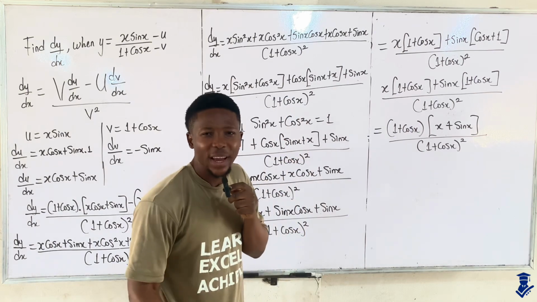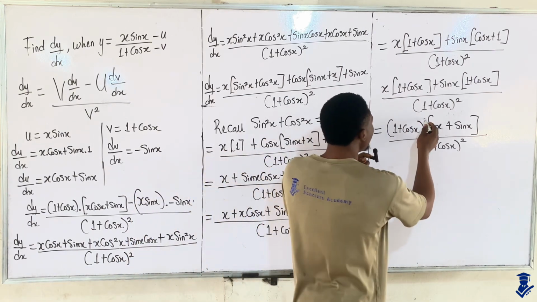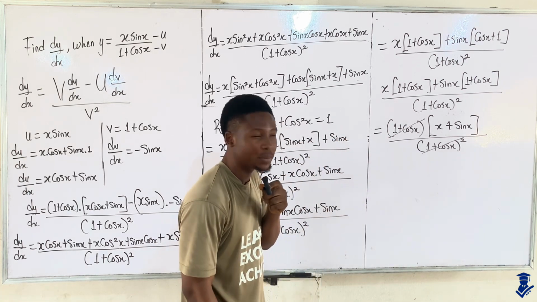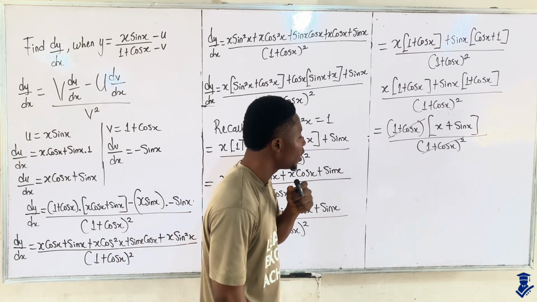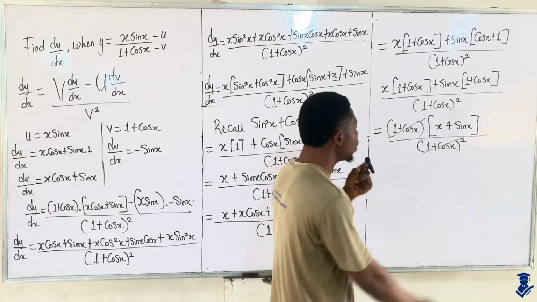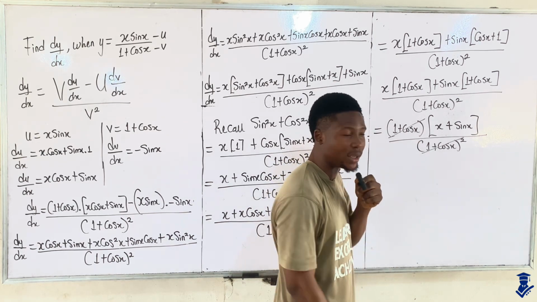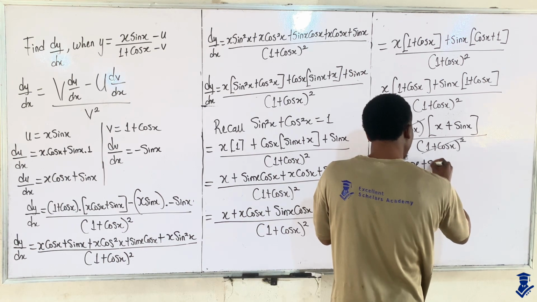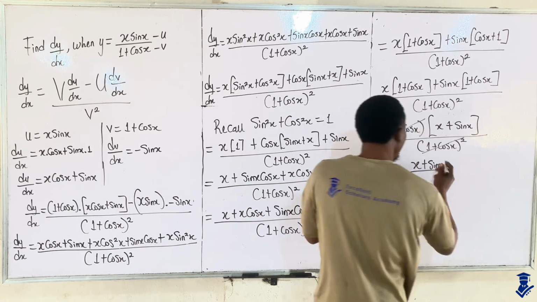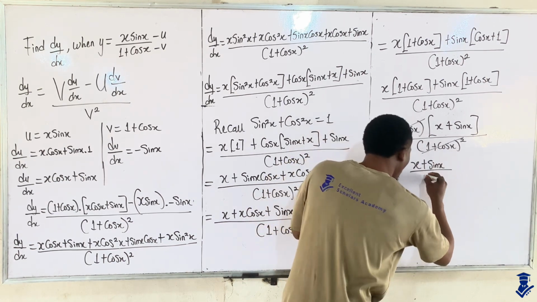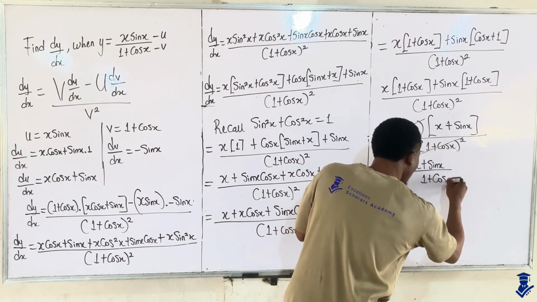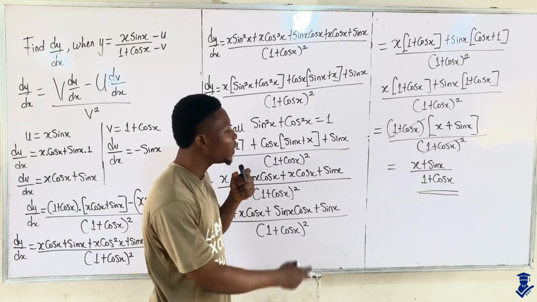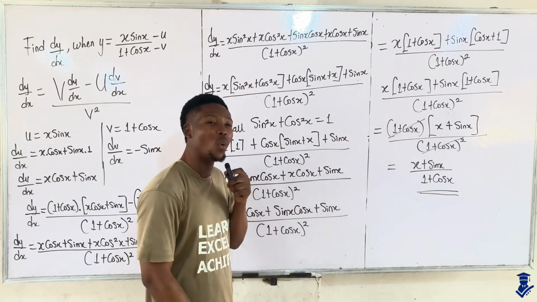All right, now you're going to notice that 1 plus cos x is going to take away one of the 1 plus cos x from the squared here, and then you're going to be left with what? X plus sine x over, you still have 1 left here, 1 plus cos x. All right, so that is where we draw the line, and that's going to be our answer, x plus sine x over 1 plus cos x.